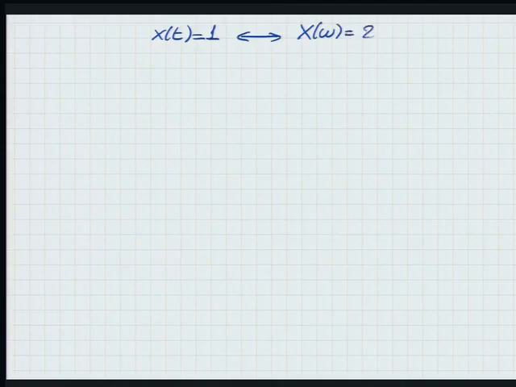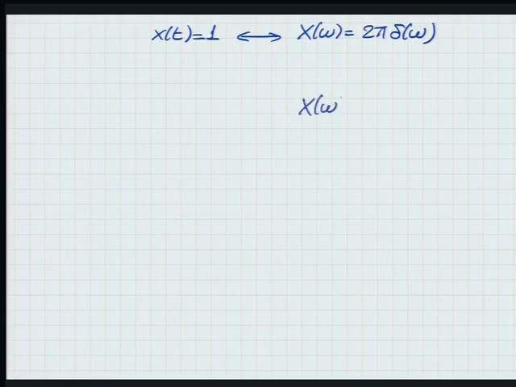So here's the generalization. I told you x of t equals 1 goes with, in the generalized sense, X of omega equals 2 pi delta of omega, right? So the way we justified this was to apply the synthesis equation to the right-hand side. Now I'm going to ask you a different question.